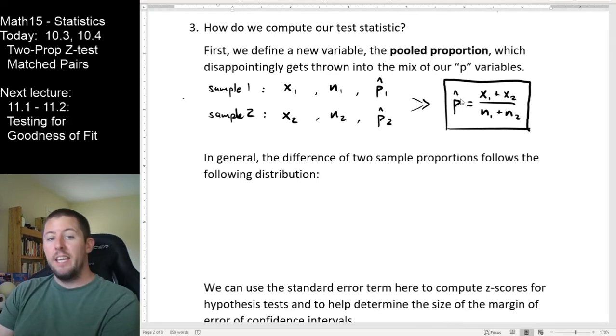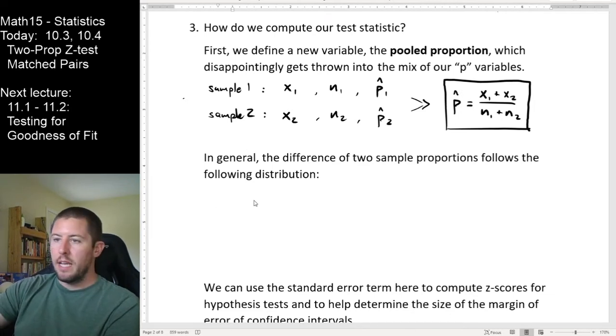Very disappointingly, it is another variable that's defined with the letter p. And again, you should notice we are not placing a subscript on the p, to indicate that this is coming in general from both of our samples. Total number of successes divided by total sample size gives us our pooled proportion of successes.